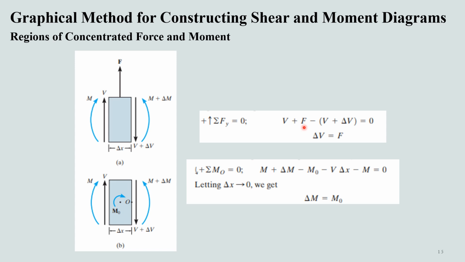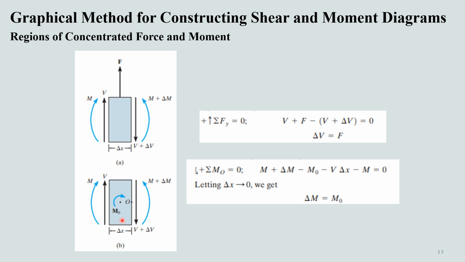The V terms cancel, and we find that the change in shear is equal to the applied force. So if the force F is directed upwards on the beam, the change in shear is positive and it will jump upward. If F acts downwards, the jump will be downward, or the shear will decrease.